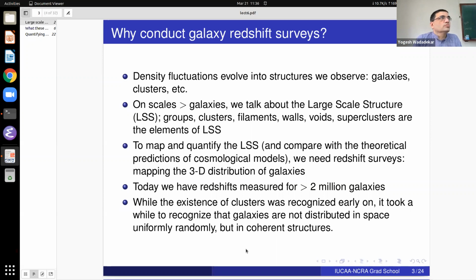Yes, the universe is homogeneous and isotropic. But if you go to scales of, let's say, 10 megaparsec or 5 megaparsec, then the universe is most decidedly not homogeneous. Both these statements are consistent. On very large cosmological scales, the universe is homogeneous, but on smaller length scales, the universe is not homogeneous.